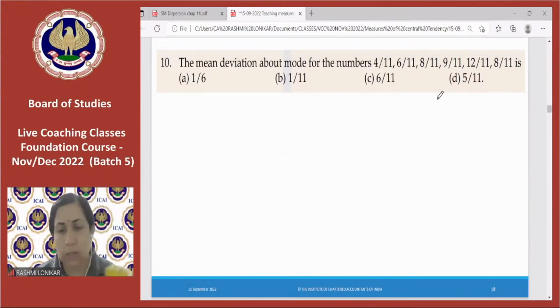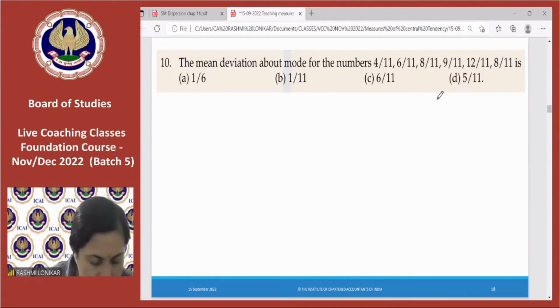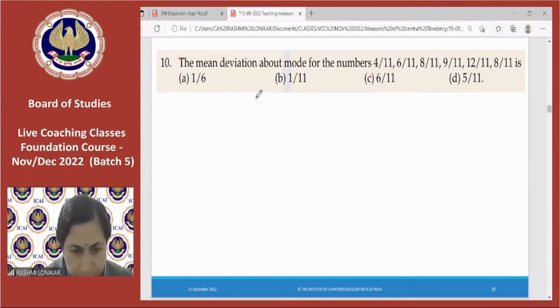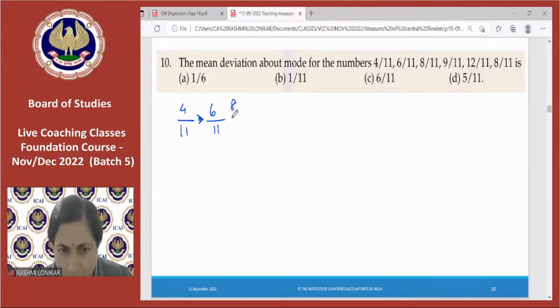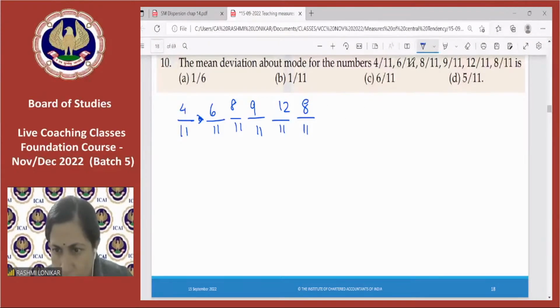These are all numbers: 4 upon 11, 6 upon 11, 8 upon 11, 9 upon 11, 12 upon 11, and 8 upon 11. How many numbers are there? 1, 2, 3, 4, 5, 6. There are 6 numbers.